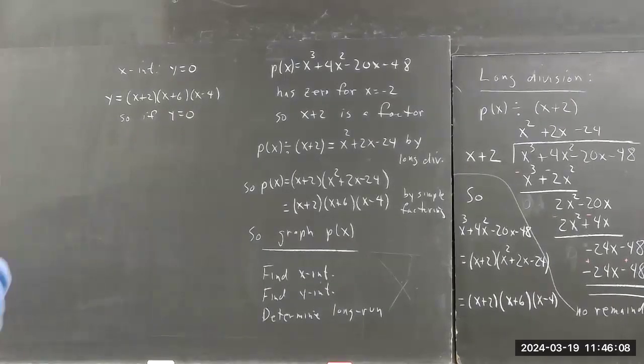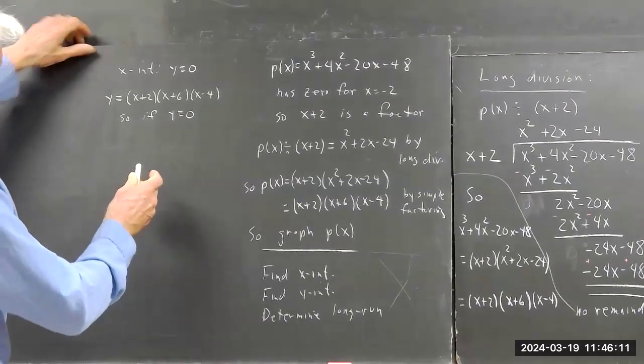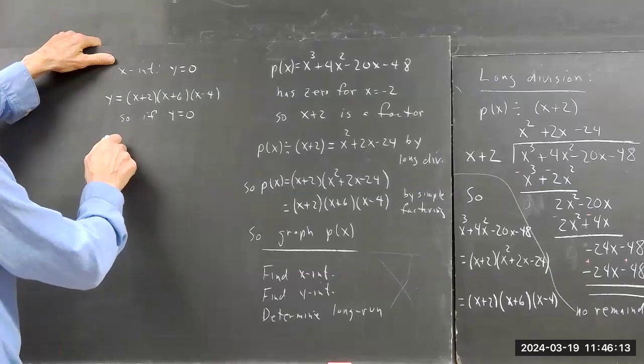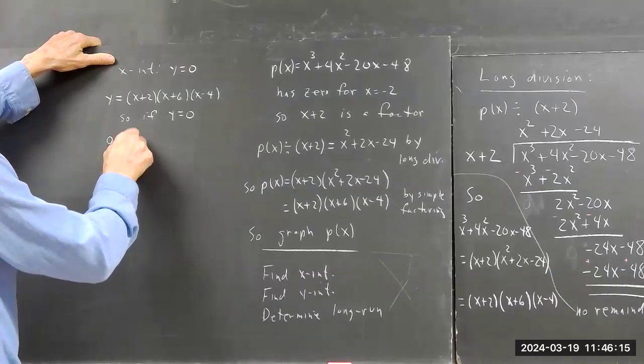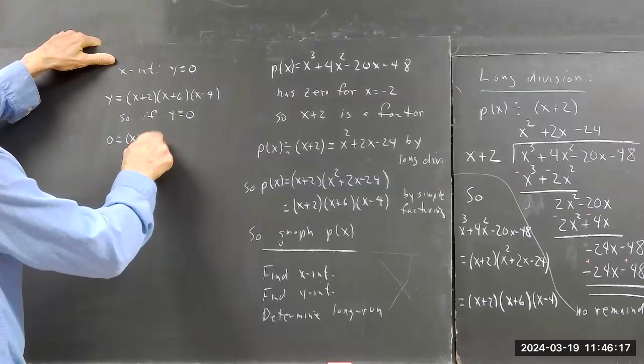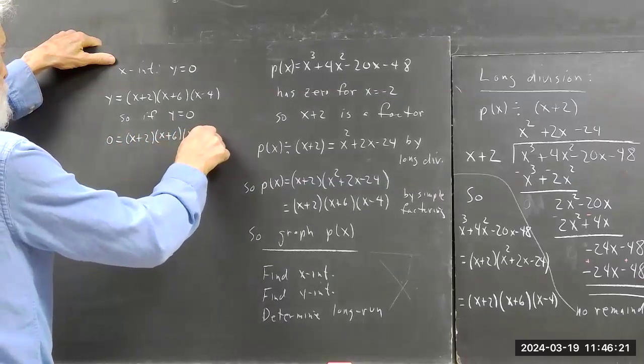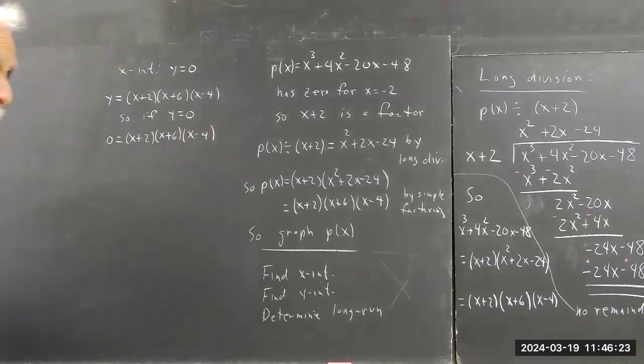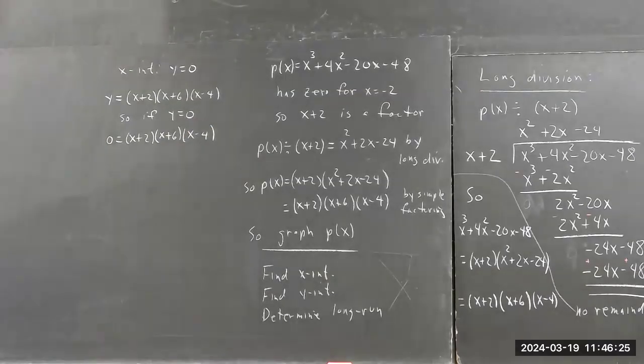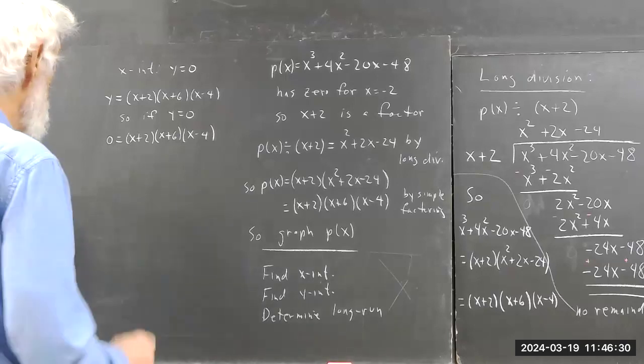Okay, if y equals 0, then 0 has to equal x plus 2 times x plus 6 times x minus 4. So what x values solve this?